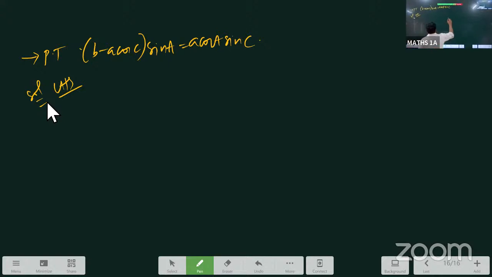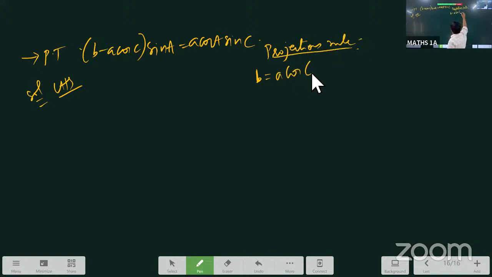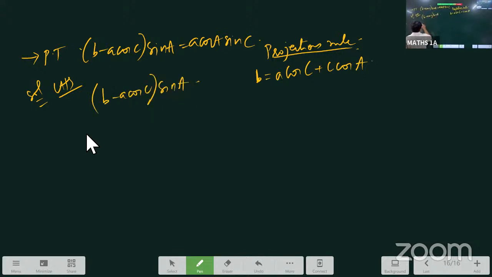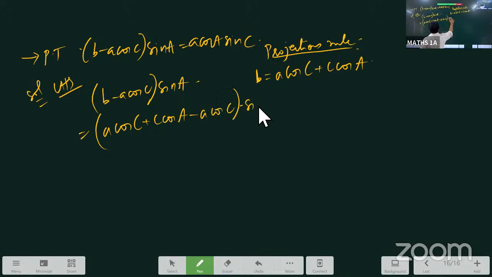Now by using the projection rule, what can I write for b? What is our projection rule? It says b is equal to a cos c plus c cos a. So take (b minus a cos c) into sin a. b is nothing but a cos c plus c cos a, minus a cos c, into sin a.